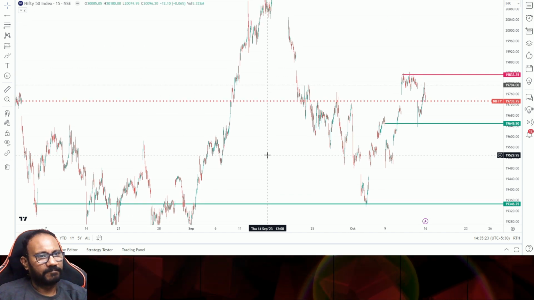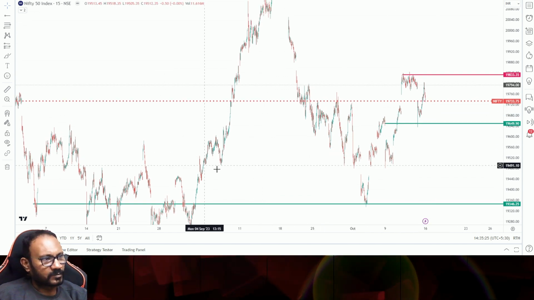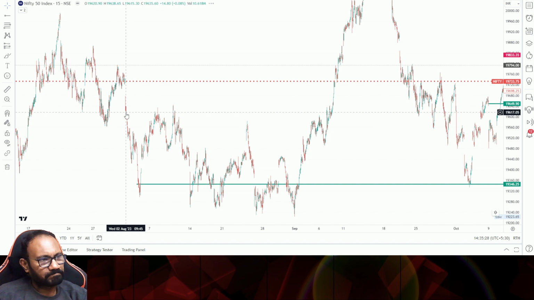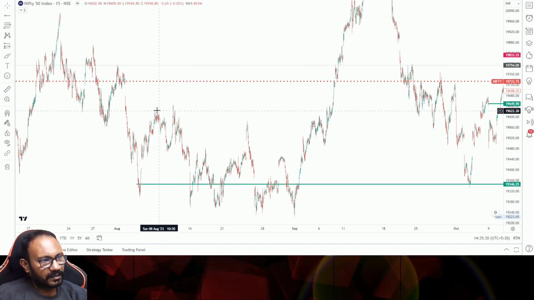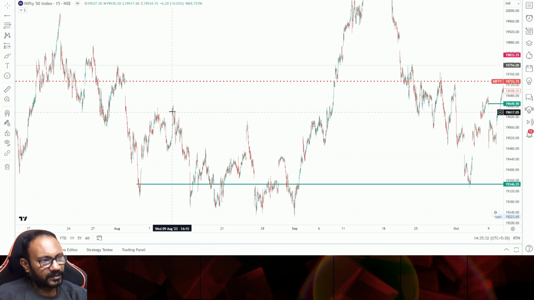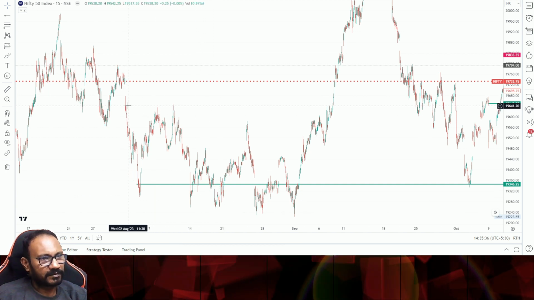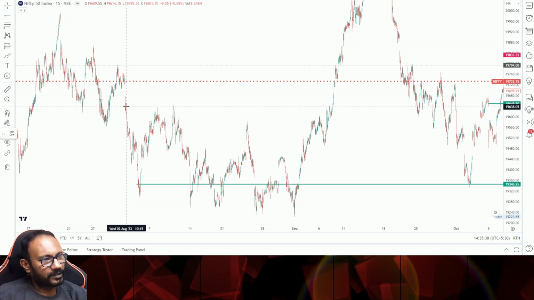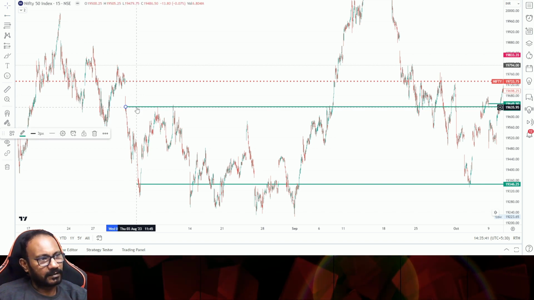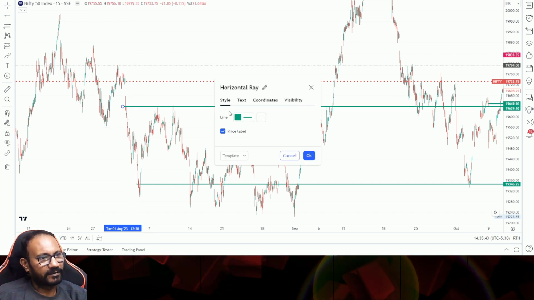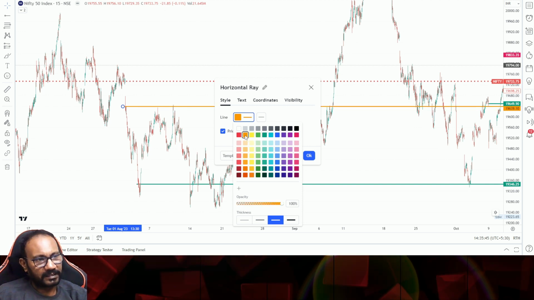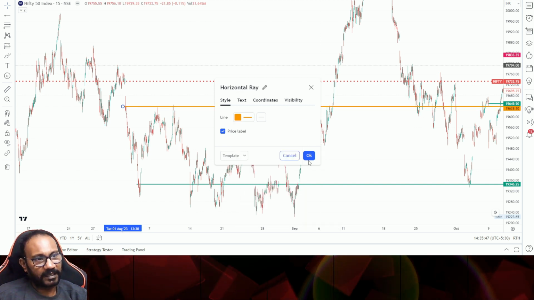Now, what else? If you see, again, the market came here, reversed, came here, reversed. So this is one place the market has reversed. I'm going to draw this as well. Maybe this one I will give a different color coding because this is a point that has been flexed many times.